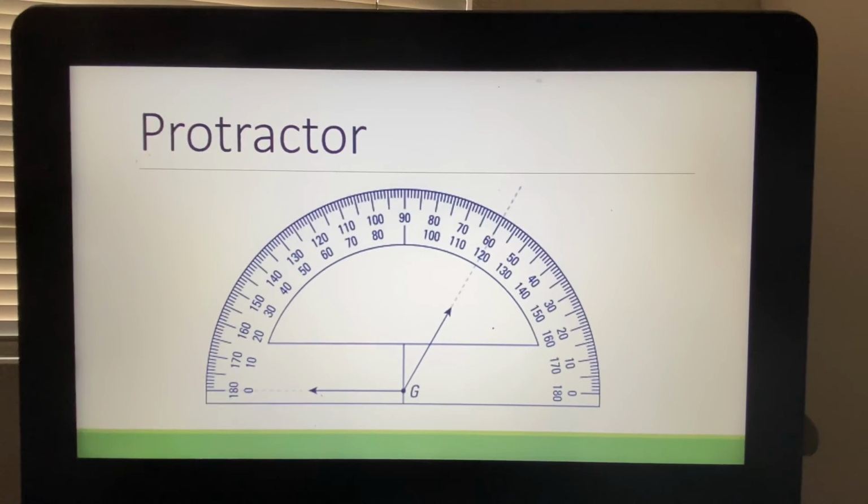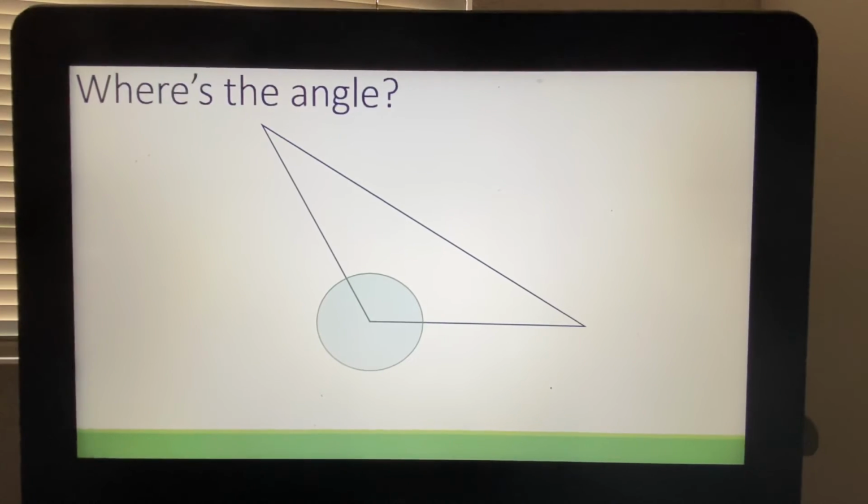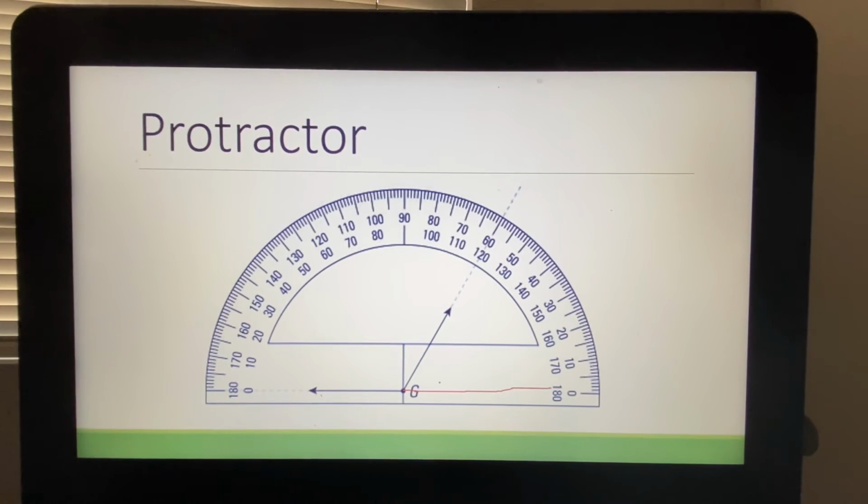Everyone's might look different, but you're going to place the base of your protractor where the base of the triangle is. I'm going to place it here. And then you're going to see where this line goes to. Can anyone tell me where this line points to?